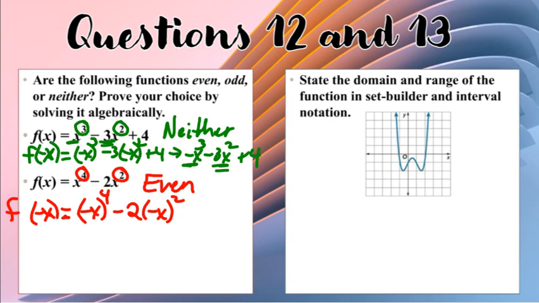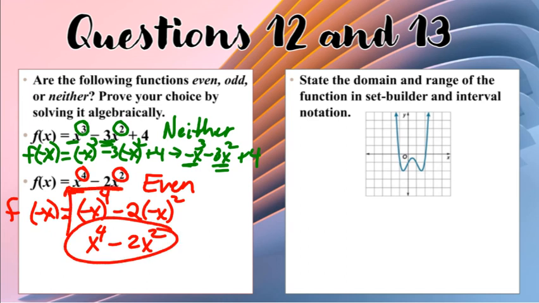So negative x to the fourth would give me x to the fourth, because a negative x times a negative x is x, times a negative x is a negative x, times another negative x is a positive x. And then negative x squared is x squared, times a negative 2 would still be minus 2x squared. You can see that this is the same as what we had right here. So that's our proof that it is even.